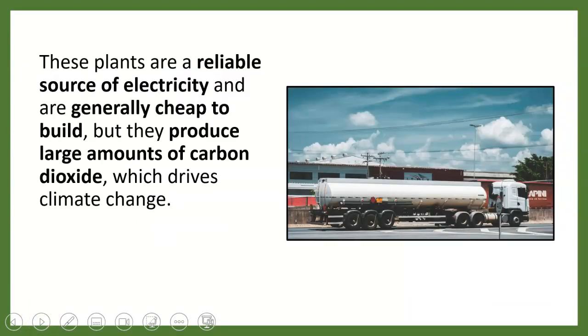Okay, these types of plants are very reliable. They're generally cheap to build, but they produce a lot of carbon dioxide. This is a greenhouse gas. Greenhouse gases contribute to climate change.